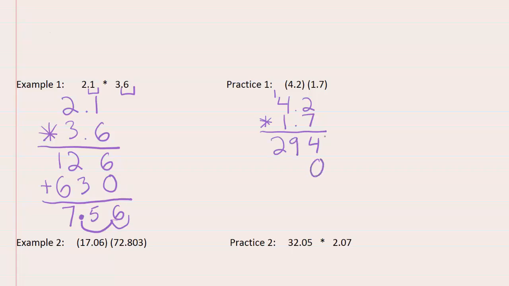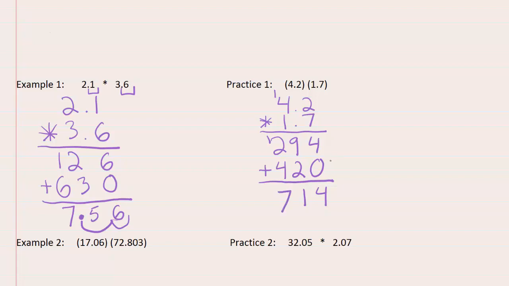Fill in our 0 in the next row. 1 times 2 is 2, and 1 times 4 is 4. Now we will add these two numbers together. We will get 4, 1, carry the 1. Okay, and then we have 1 plus 2 is 3. 3 plus 4 is 7.